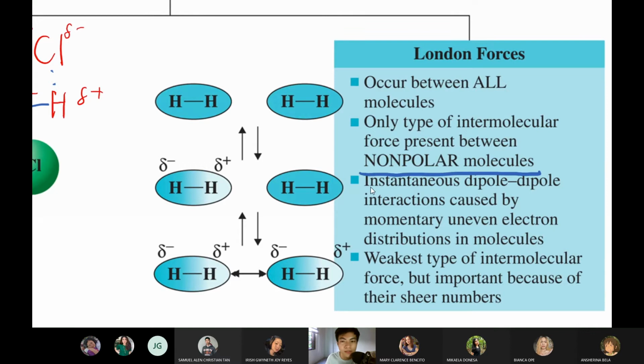Ibig sabihin, lahat ng molecule meron nito. Pero kapag ikaw ay nonpolar molecule, ito lang meron ka. Okay. Bakit? Sa London forces kasi, ang nangyayari dito is that yung ating electrons, they play a role here. Diba? Our electrons surround the atoms. Okay? However, if nag-bump together itong atoms natin, nag-bump sila, what happens to the electrons?